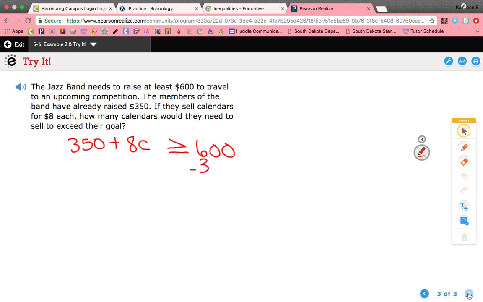So we're going to subtract 350, and then we're going to divide by 8. 250 divided by 8. C is greater than or equal to 31.25. You can't sell a quarter of a calendar, so they probably have to sell 32 or more, right?